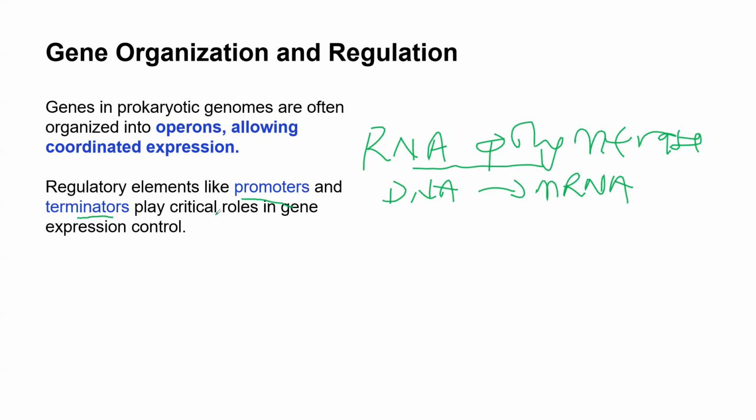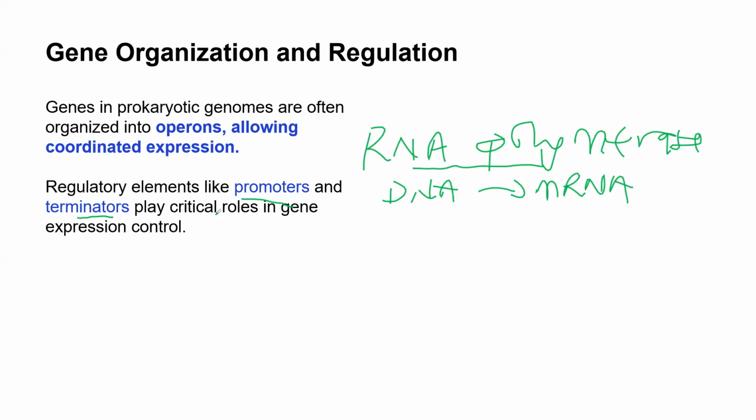And then the terminator site is a site where the RNA polymerase receives signals to terminate the transcription process, that is, to stop the transcription.